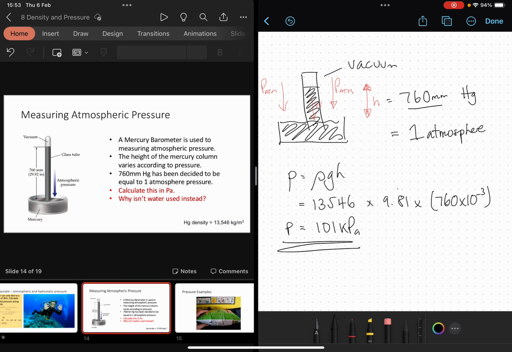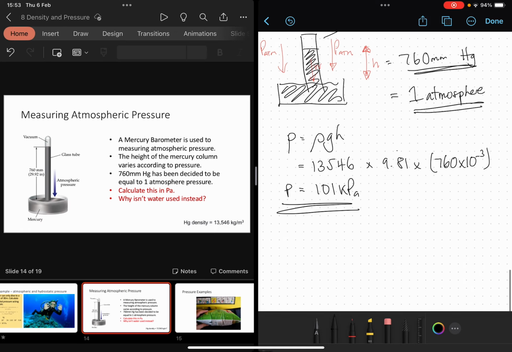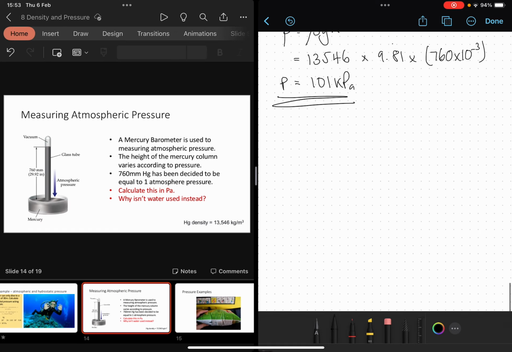So all of these three units are essentially equivalent to each other. A pressure of 101 kilopascals is equivalent to 1 atmosphere, is equivalent to 760 millimeters of mercury. It's not often they do this now on the weather forecasts, but sometimes they do give you the actual pressure of the atmosphere for each day.